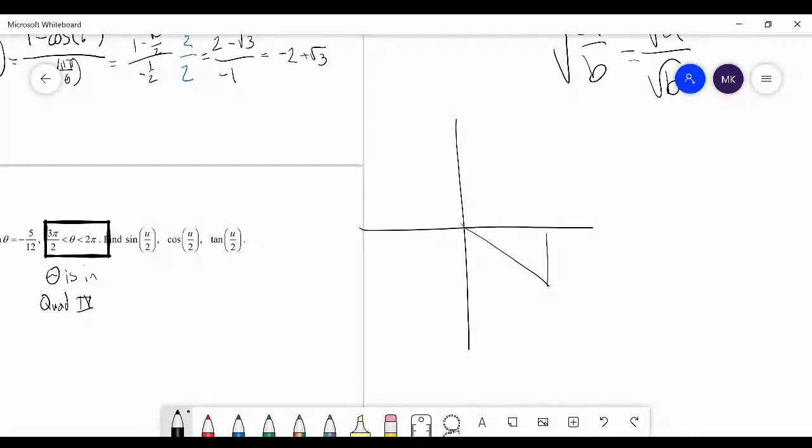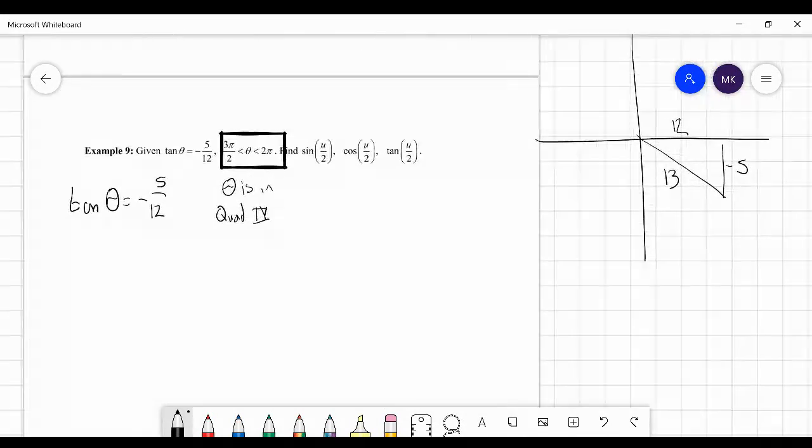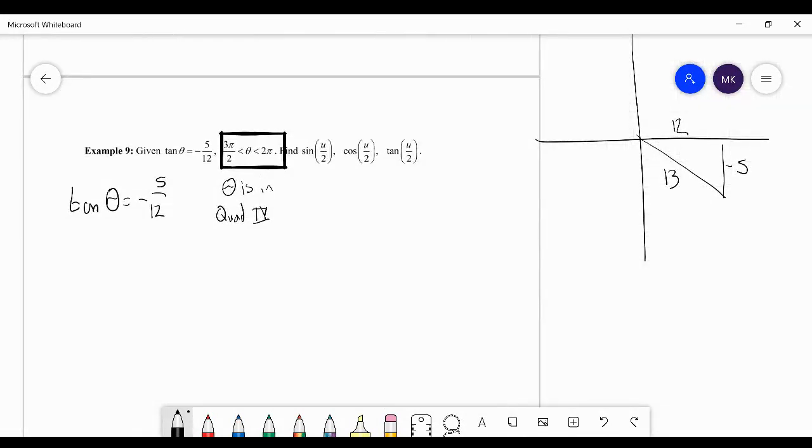Since tangent is opposite over adjacent, we get negative 5 over 12. Now you may wonder, why is this negative 5, why is this 12? Well, look, it's on an xy axis. That's why it's negative 5 and 12. Use the Pythagorean theorem, and we get that this is 13. So now, fix a little typo here. These are not used. These are thetas.